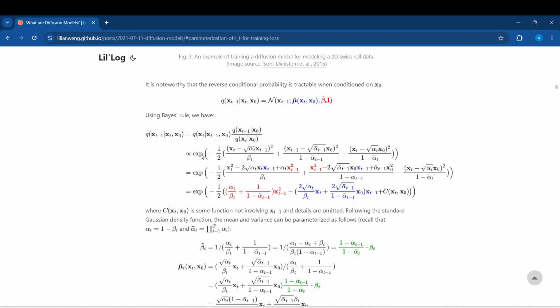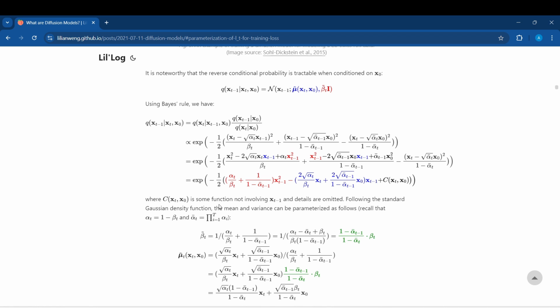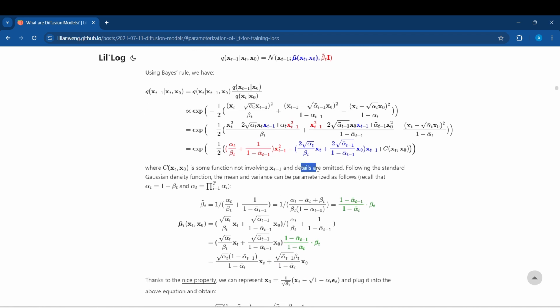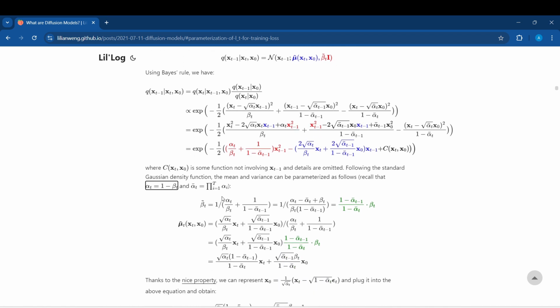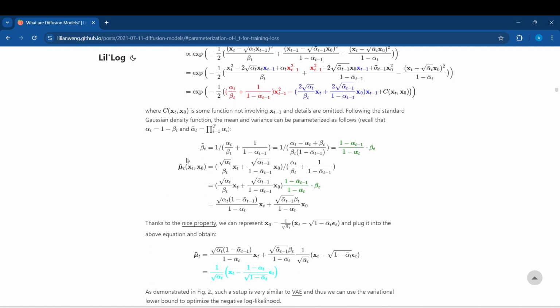If you apply some algebra and simplify it, which I'm not going to go through right now, and apply the reparameterization trick, where alpha t is equal to 1 minus beta t and alpha bar t is the cumulative product of alpha t, we get the actual reverse conditional distribution. When conditioned on x0, we get this beta tilde, which we will need, and this is the mean of the reverse conditional distribution.